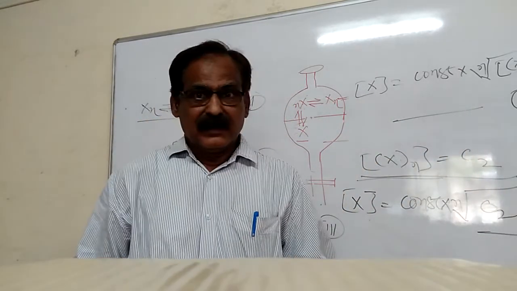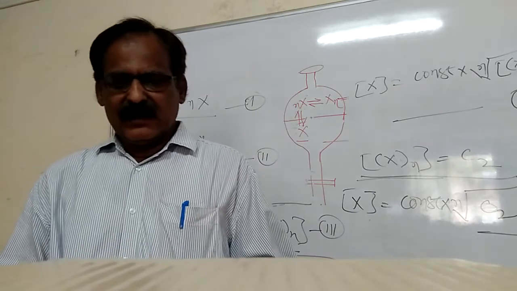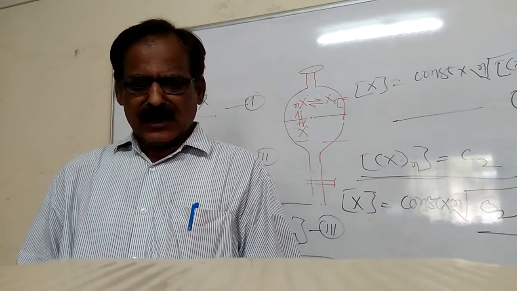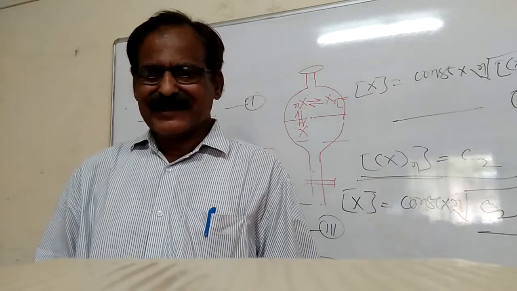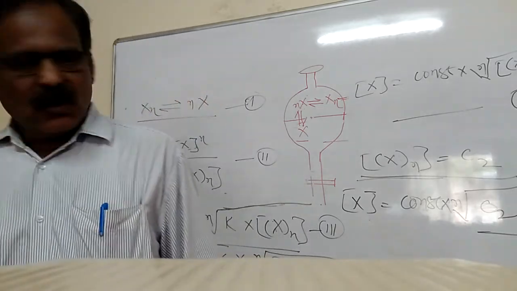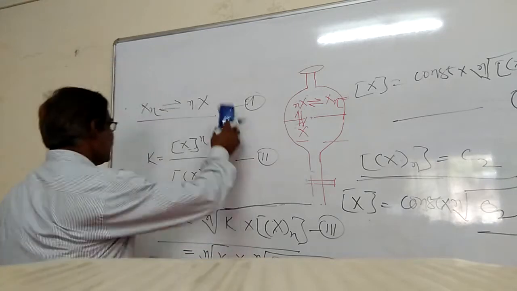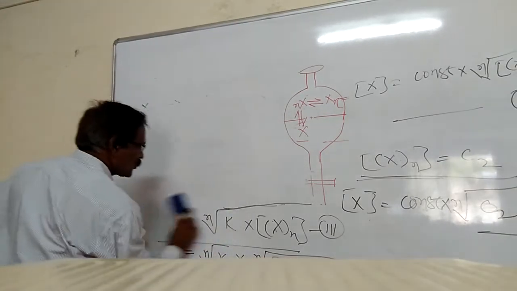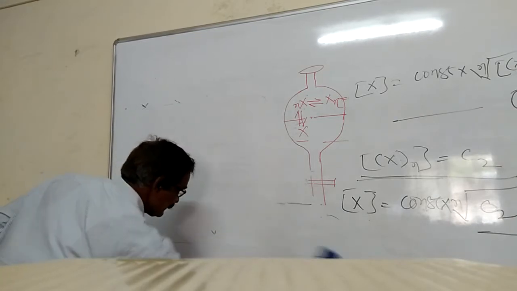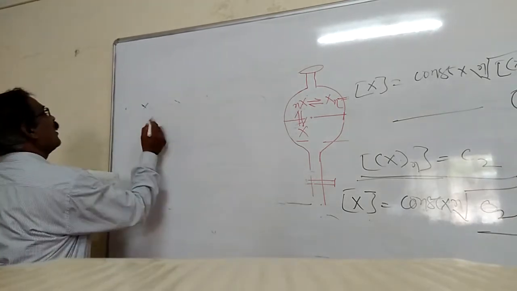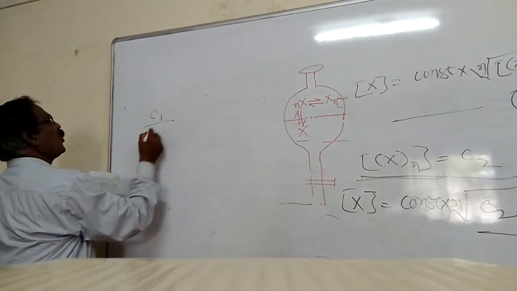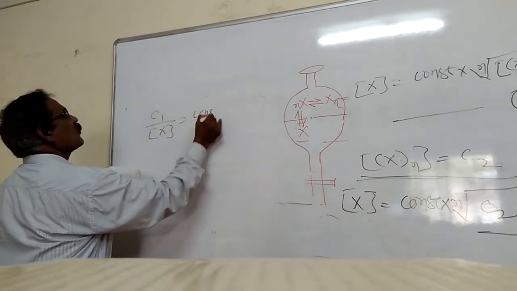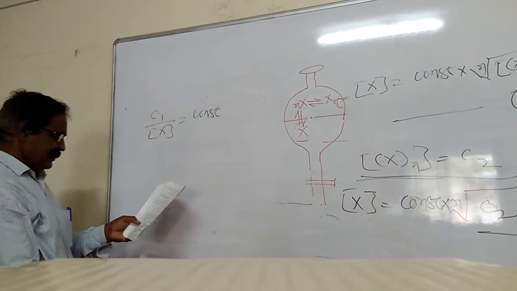We know that the distribution law is valid for the concentration of similar molecular species in the two phases. Hence, we have C1 upon the concentration of X is equal to a constant.